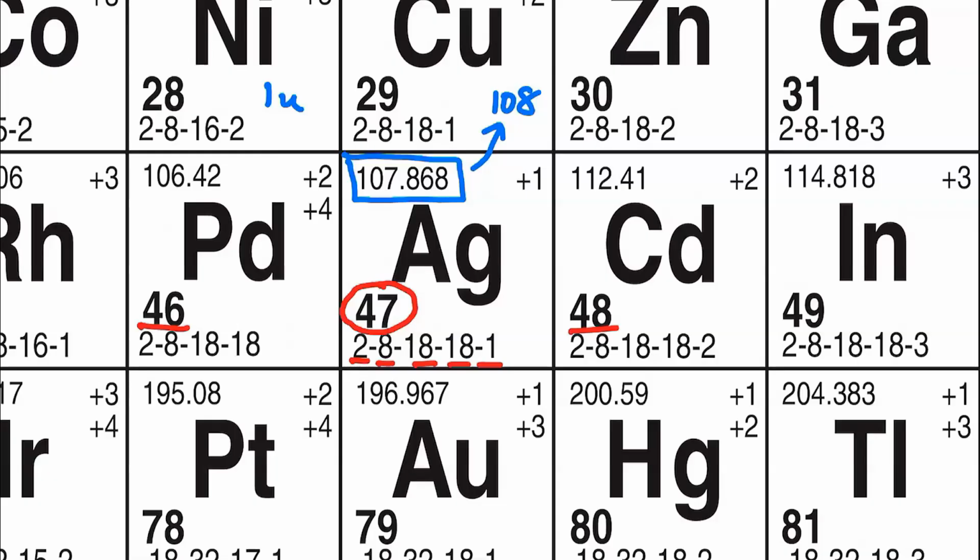And what they do to get this number is they average all of the different forms of silver, all of the different numbers of ways it can have extra or fewer neutrons. That's an isotope with 47 protons. Because we need to know the actual percentages of each of these forms, using those percentages, we come up with this number.